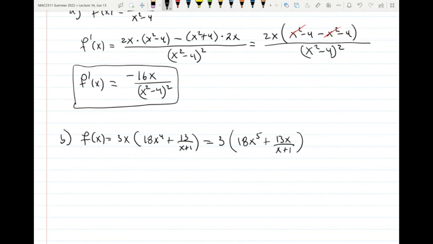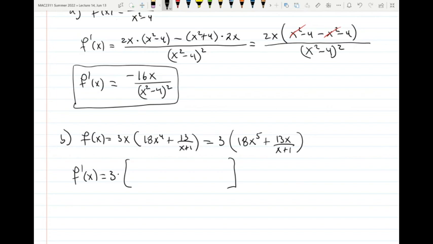Okay, so now let's take derivative. This is a constant, so this 3 will just be multiplying everything else. Okay, so I'm going to work inside the parentheses, but remember that whatever we do inside the parentheses, at the end, our answer has to be multiplied by 3. Do you understand this? Remember, constant rule. So f prime is going to be 3 times. Now let's work inside the parentheses. So this is a sum, right?